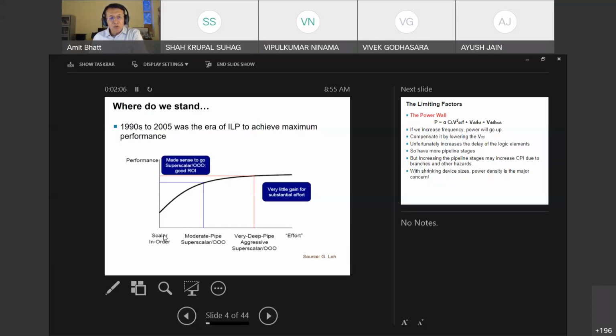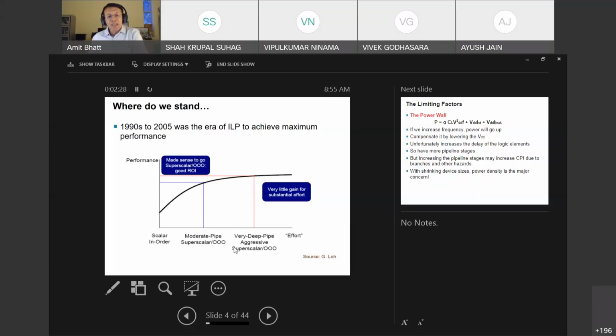First, you are getting a scalar in-order processor, so you are getting some performance. Then you started doing pipelining, using superscalar processors and out-of-order execution, and suddenly you got a huge jump in performance, more than 100% improvement.